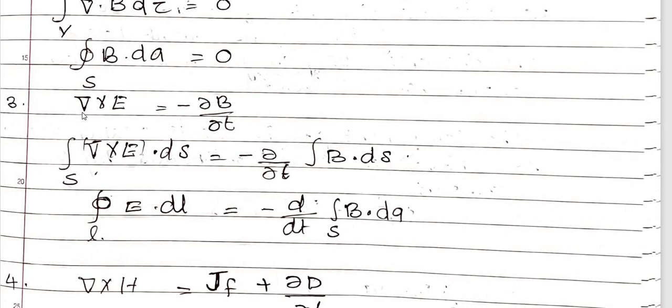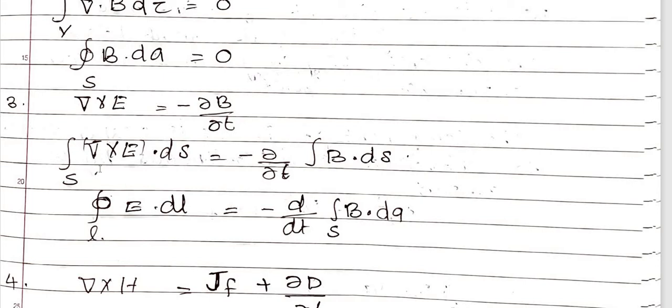Then the third equation, del cross E is equal to minus dB by dt. This is nothing but Faraday's law in differential form. In order to get the integral form, we multiply both sides with dA, because this is a curl equation, and integrate over the surface.